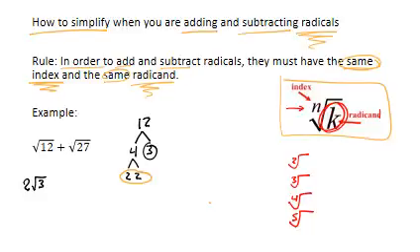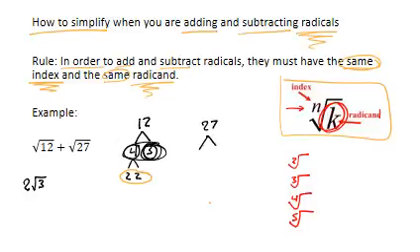So another way to think about it is 12 splits up into 4 times 3. What's the square root of 4? The square root of 4 is 2, so that's why the 2 came out, but I still have this 3 left under. Because 3 you can't take the square root of and have it stay a whole number or an integer.